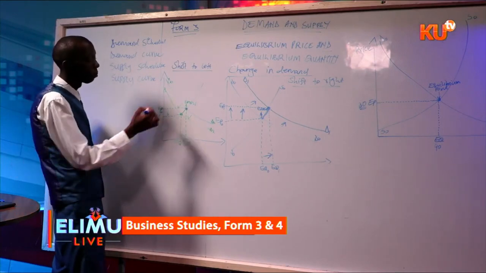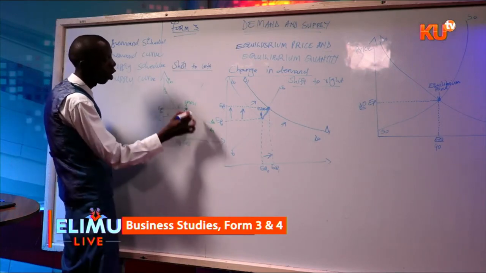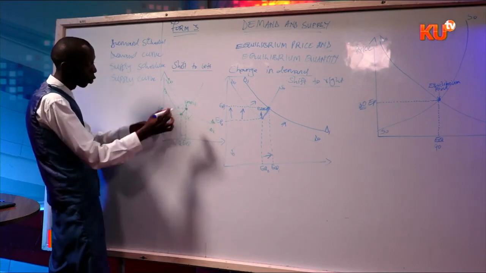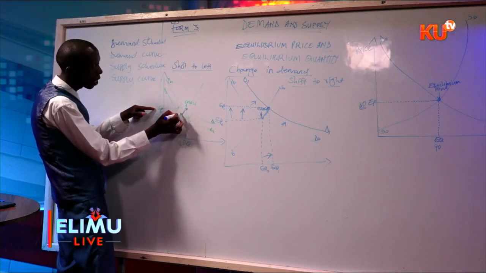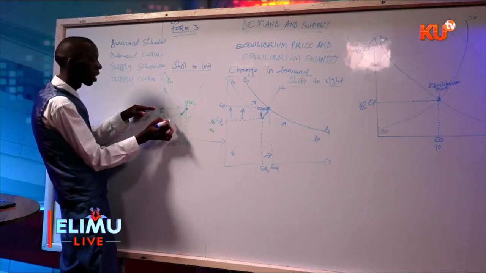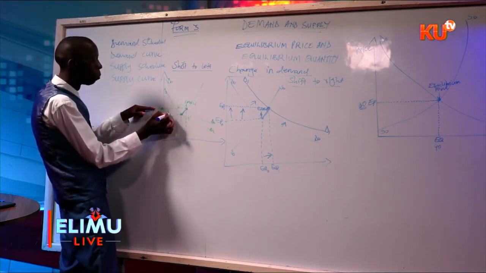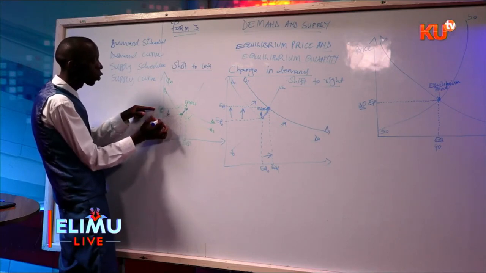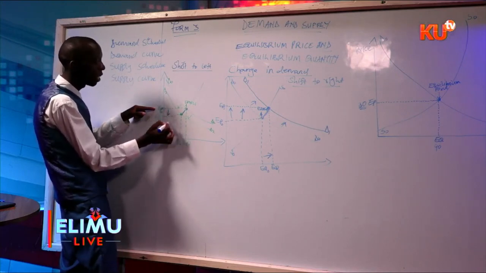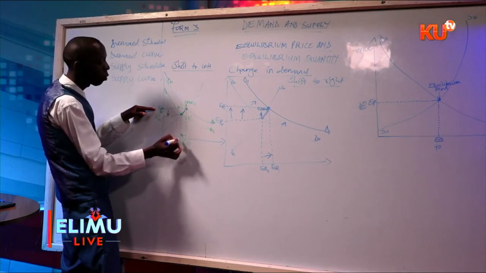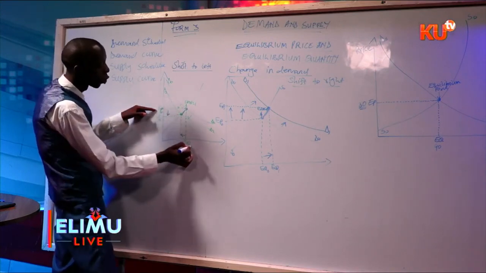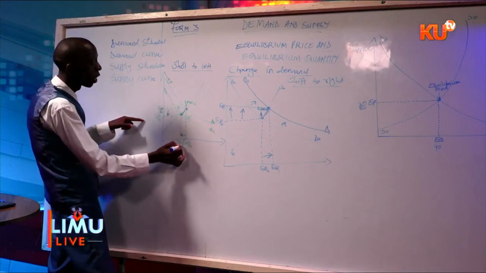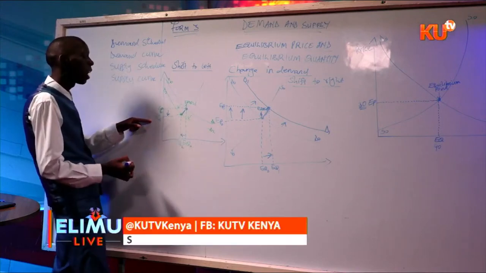When the demand shifts from D0 to D2 to the left, the equilibrium point moves downward to the left. The equilibrium price moves downward from P0 to P2, which is a decrease in price, and the equilibrium quantity will move from Q0 to Q2, which is a decrease in the quantity.